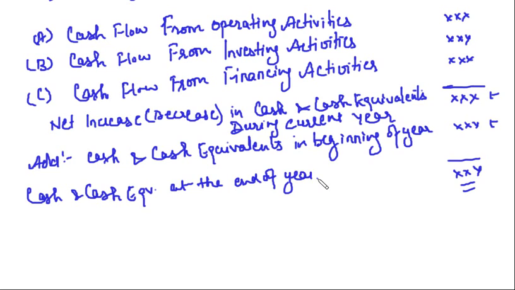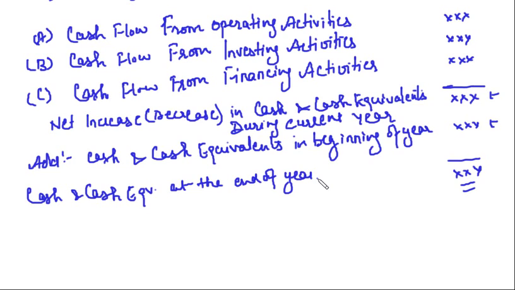We have done cash flow from operating activities. You know how to prepare cash flow from operating activities. You know what are the items to be covered while calculating it. Then you know what is the cash flow from investing activities, and you know what is the cash flow from financing activities.